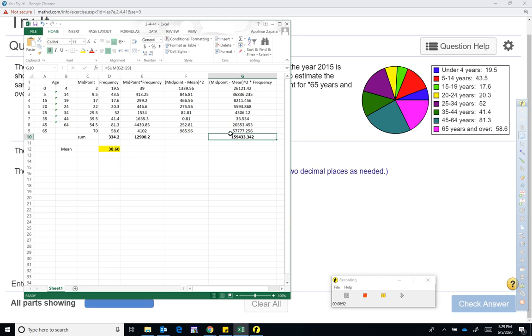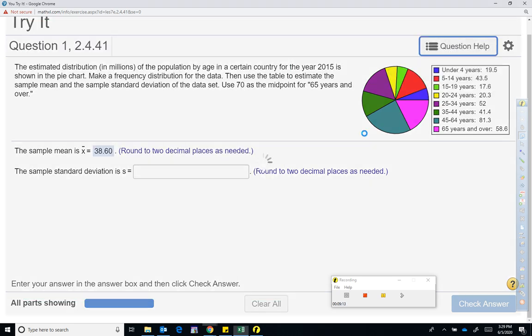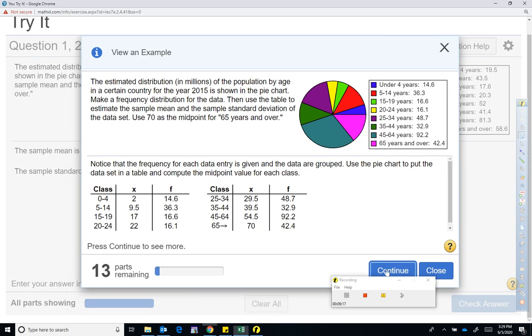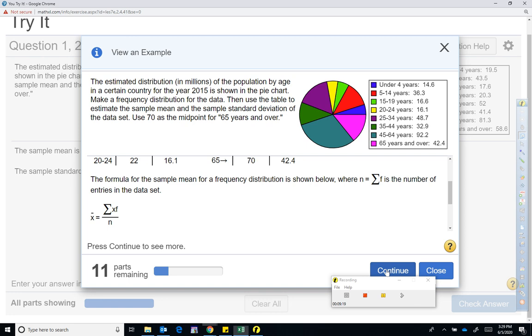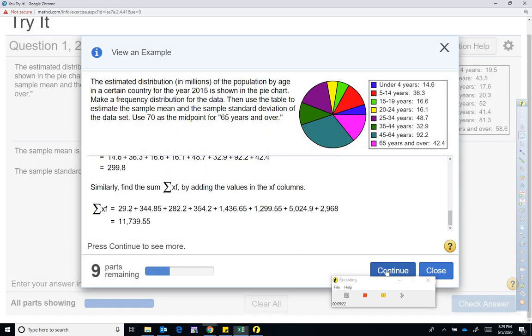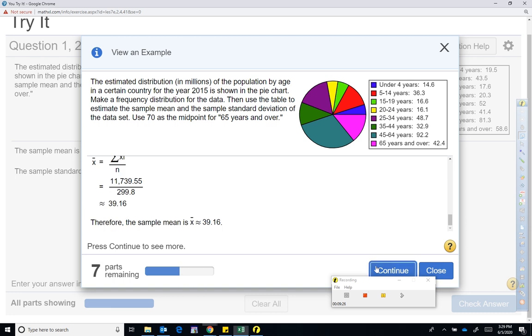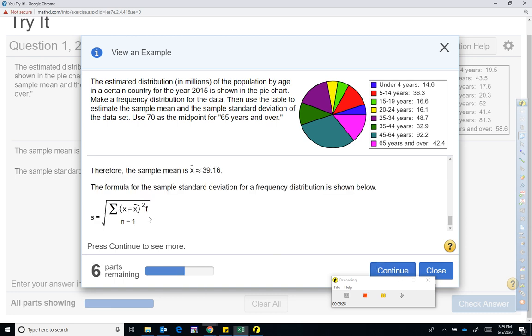So therefore, the standard deviation, and you can see it here in the question help. Yes, if you click on continue, you get the formula for the standard deviation. And it's here. So it's going to be the midpoint minus the mean, all squared, multiplied by the frequency.